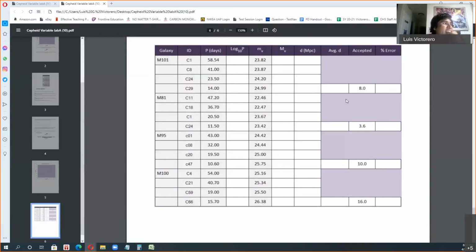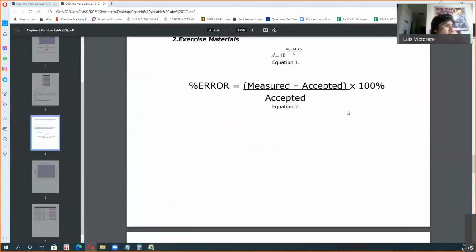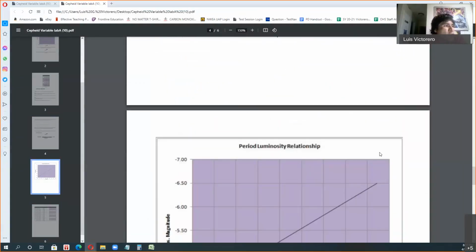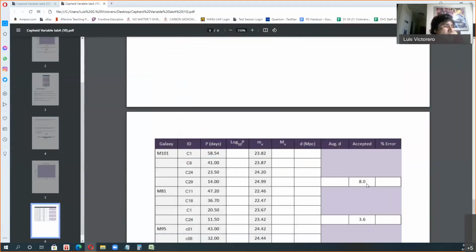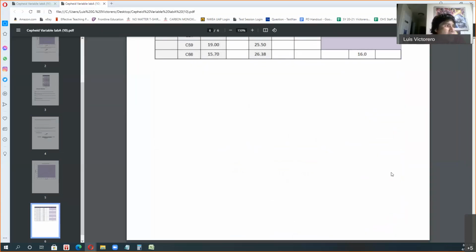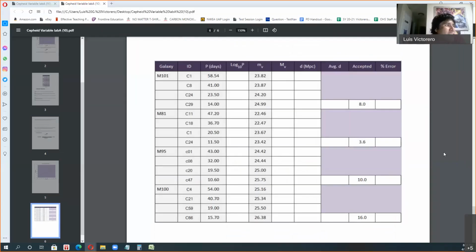So you're going to find some errors here. You have to use this equation. Measured minus accepted, divided by the accepted, times 100%. That will give you the errors. And that's it. The lab is basically this table, guys.